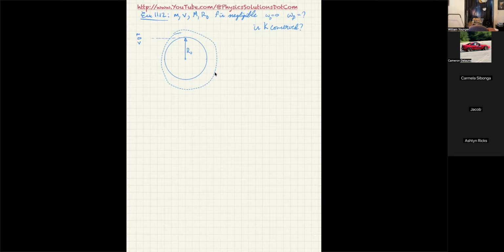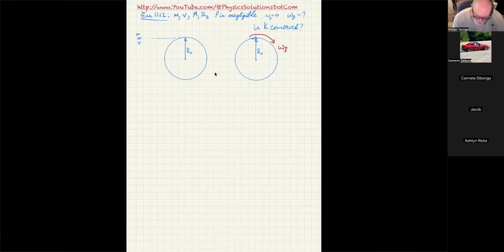Because of that, the bullet is going to embed into the actual cylinder like this, but now the cylinder is going to be moving like this with an angular velocity omega. And what we're asked to do is calculate this new angular velocity.